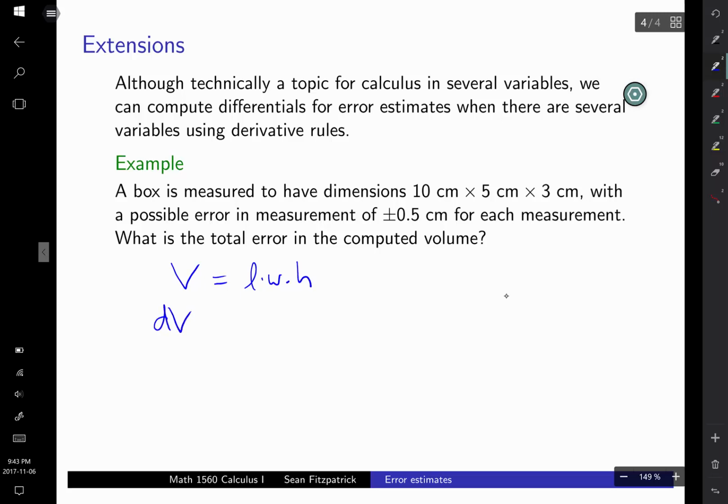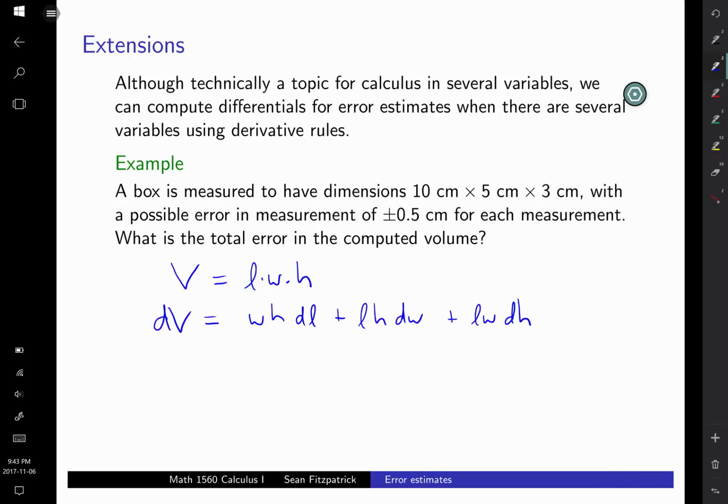If you think of differentials as taking derivatives without saying what you're taking the derivative with respect to, then the product rule says I should do width times height times dl plus length times height times dw, and then length times width times dh. So I'm basically doing the product rule, taking the differential one term at a time.